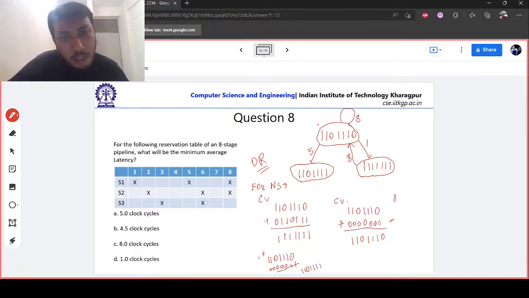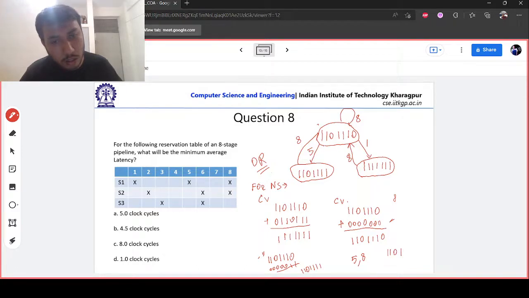Now like previously, in this state there are two permissible latencies here: 5 and 8. If we do 8 we will return again to this one, and if we do 5 it will be 1, 0, 1, 1, 1, 0 and 1, 0, 0, 0, 0, 0.